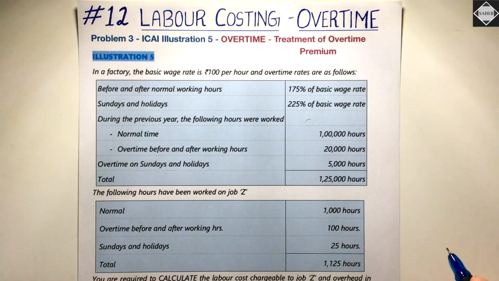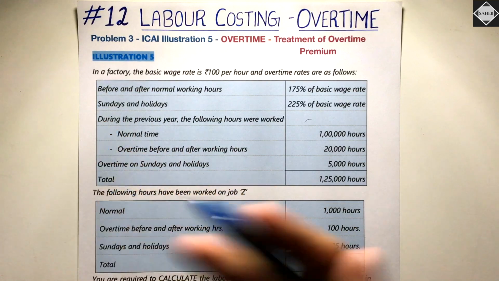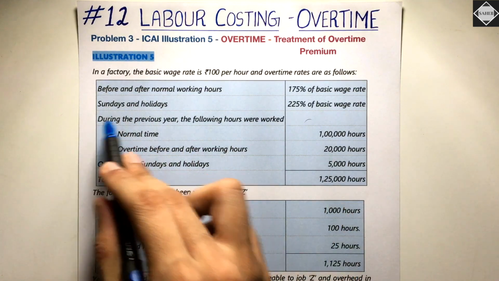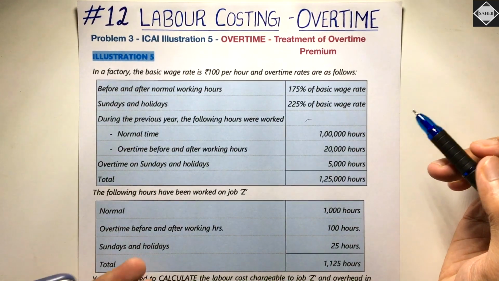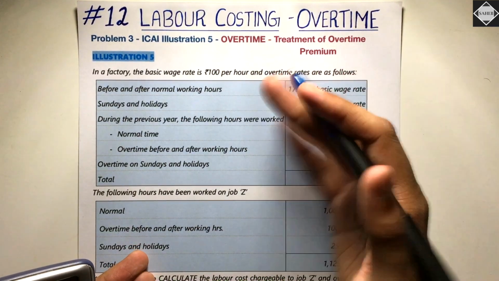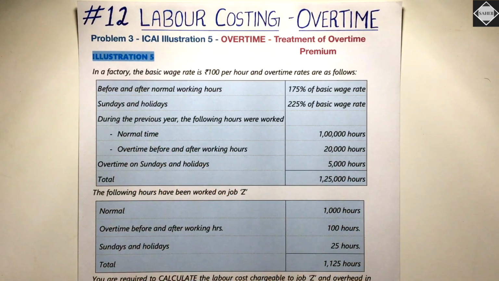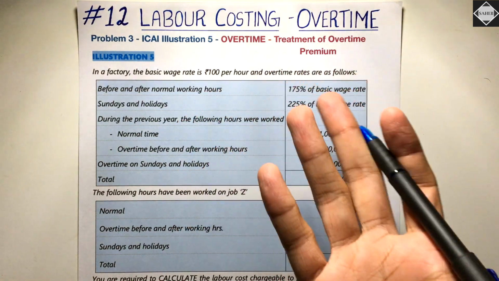But on Sundays and holidays they are saying something else. See that Sundays and holidays, 225% of basic wage rate they are saying. It means if the worker works overtime on holidays and Sundays, then he is supposed to be paid more. Why is that so? Because it's logical. Understand, it's his precious time which he is sacrificing for the company.